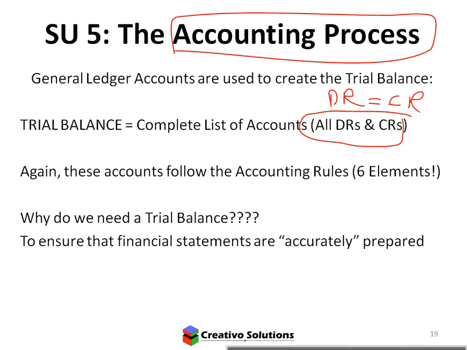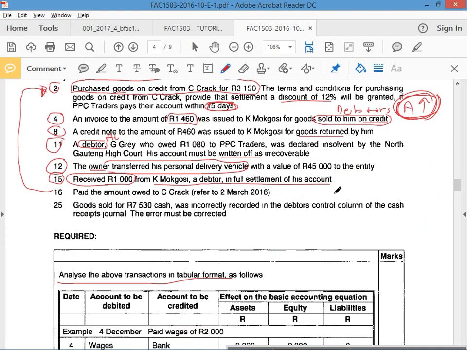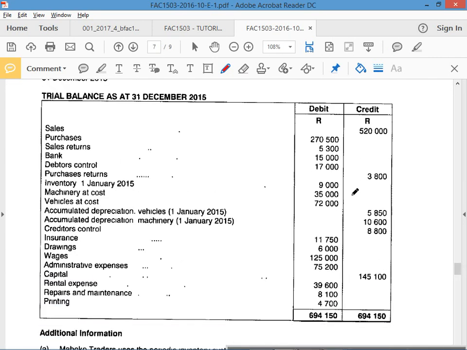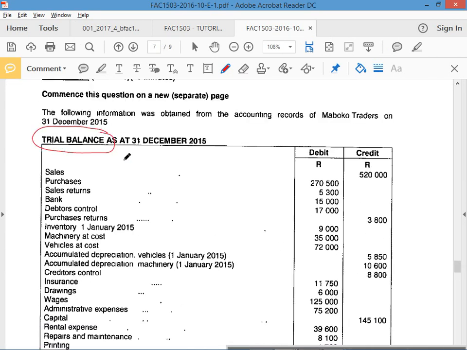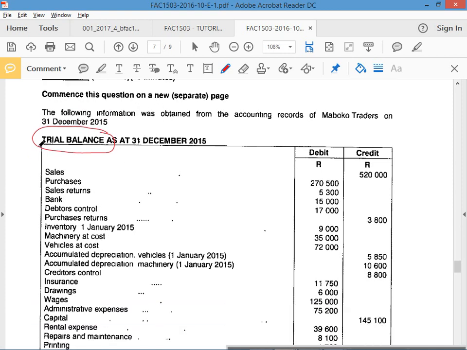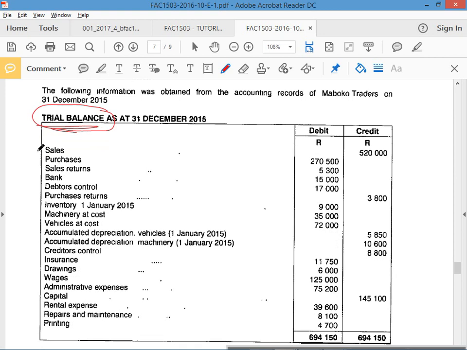Right, so if you look at past papers, so for example, we had a past paper here. Let me show you a trial balance. There's a trial balance. Okay, so in this particular past paper, here's a trial balance with lots and lots of different accounts and debits and credits.